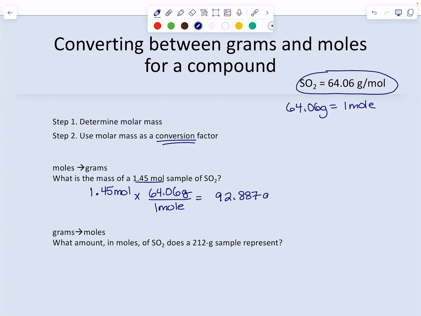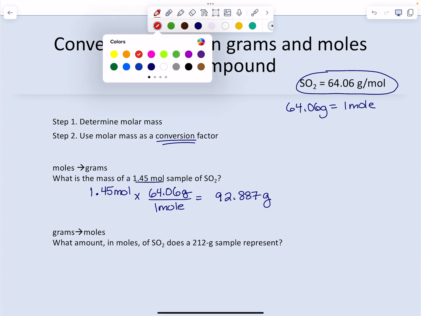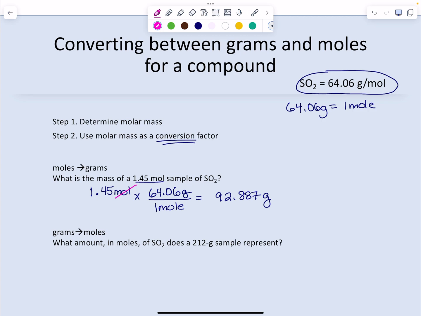And my units are going to be grams, because going all the way back to the beginning of the semester, when we did dimensional analysis, our goal is to cancel units to get the unit we want. And this is why I will nag about putting units on every number that has them, with very few exceptions.